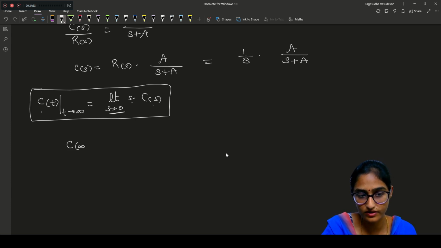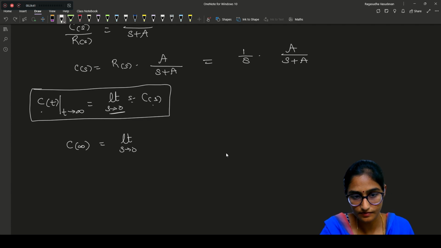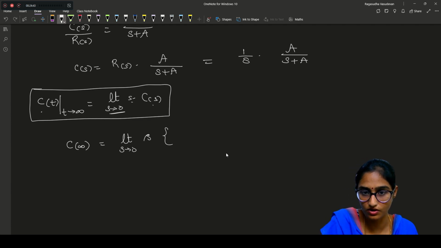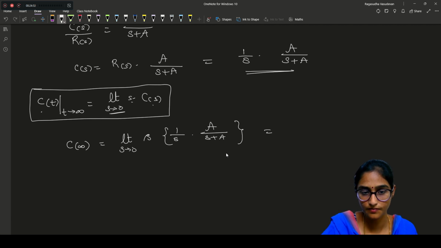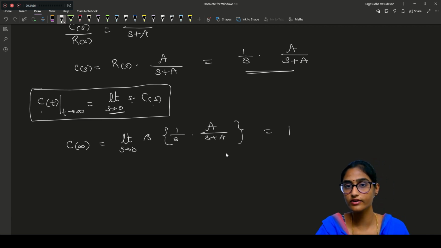C of infinity is the limit as s tends to 0 of s into 1/s multiplied by A/(s + A), which is equal to 1. At infinity, the response's value is 1, which means the temperature at steady state is 1, whatever the unit, whether 1 degree Celsius or otherwise.